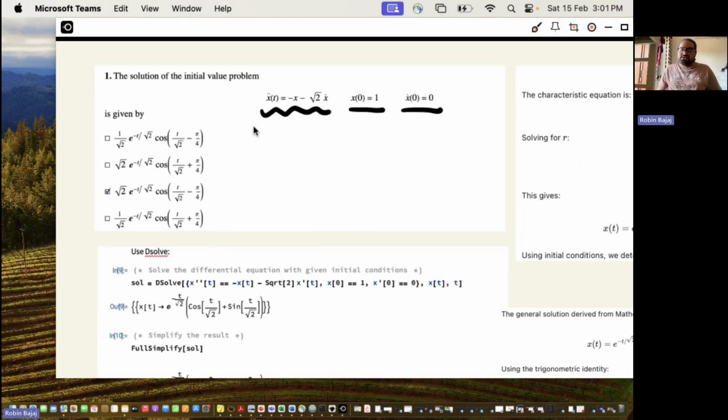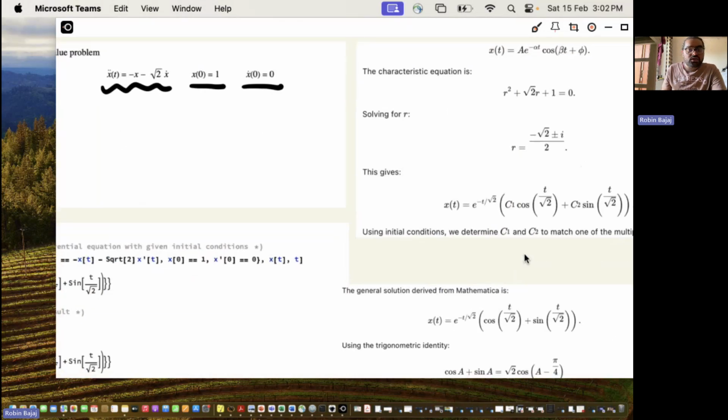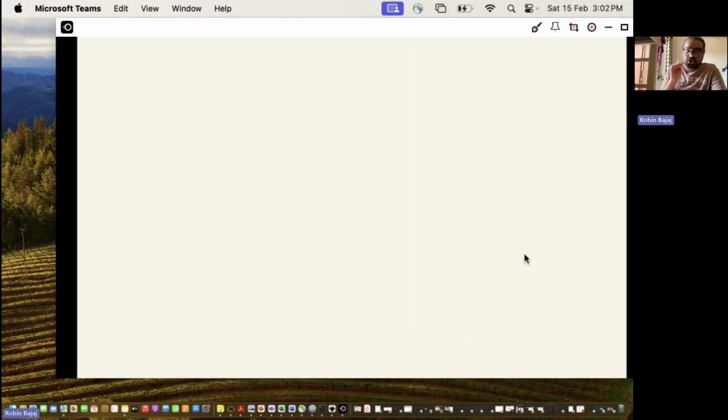First I will solve it for you the way we normally solve it in regular maths. Then we are going to solve it based on how this problem has to be solved in Mathematica. Okay, let's begin. So our differential equation is this.